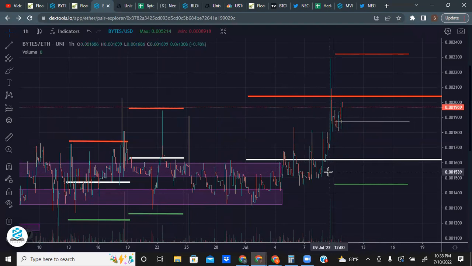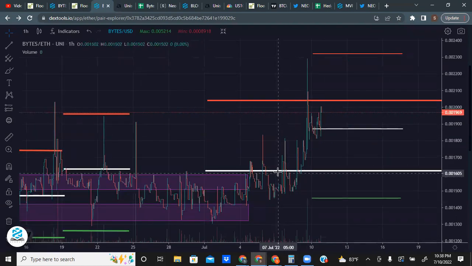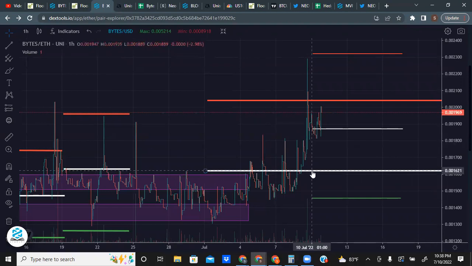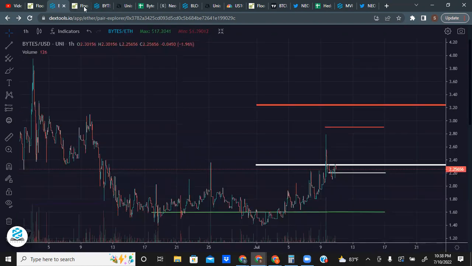Now that we're back above this, we have the monthly central pivot here at $1.61, and as you can see, it's actually a lot lower than the US dollar one. We're actually a lot closer, and that's just a function of the price of Ethereum being lower. So that's why the USD value is lower here.